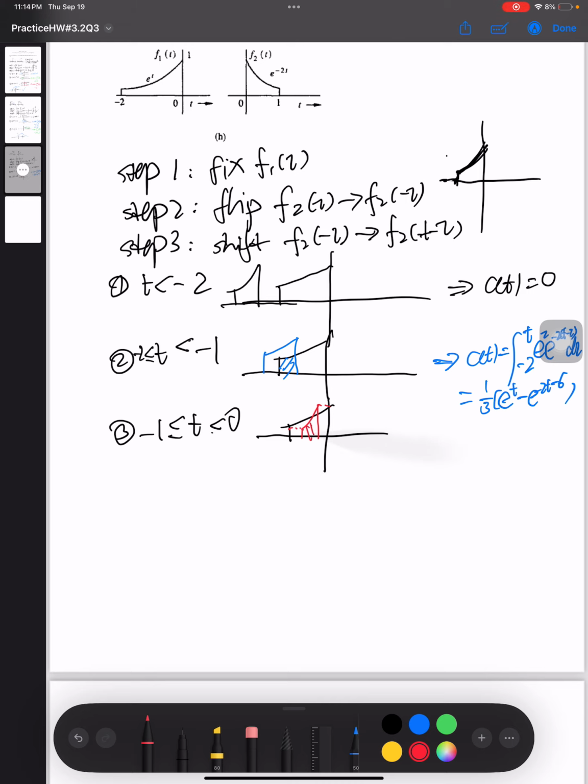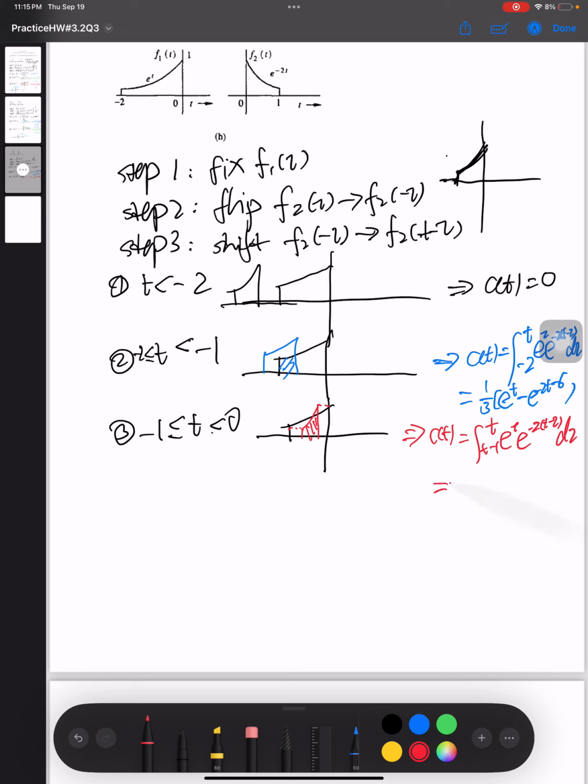So the overlap is a little bit complicated in this situation, and if we do the integral, which is from t minus 1 to t, and still e to the tau times e to the minus 2(t minus tau) d tau.